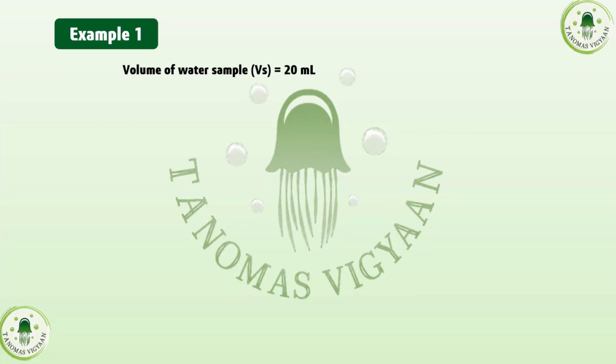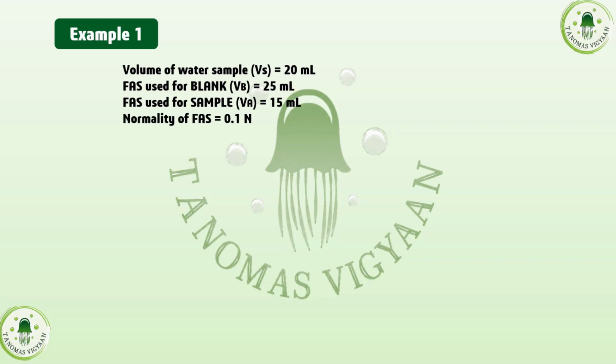Now let us look at one example. Here the volume of water sample Vs is equal to 20 ml, and FAS used for blank, that is VB, is equal to 25 ml. Let's say FAS used for sample VA is equal to 15 ml, and the normality of FAS, generally we take 0.1 normal.